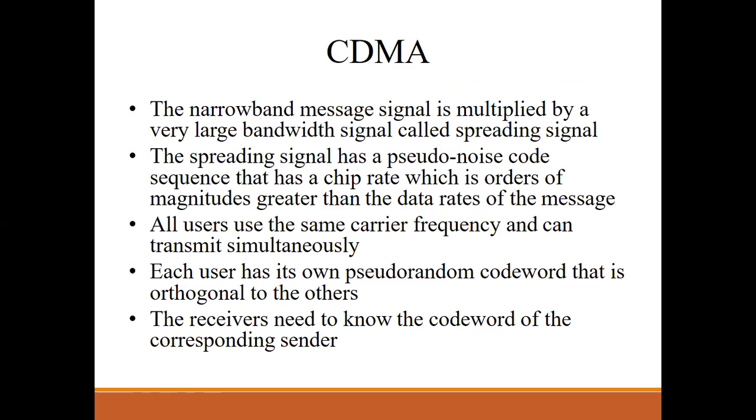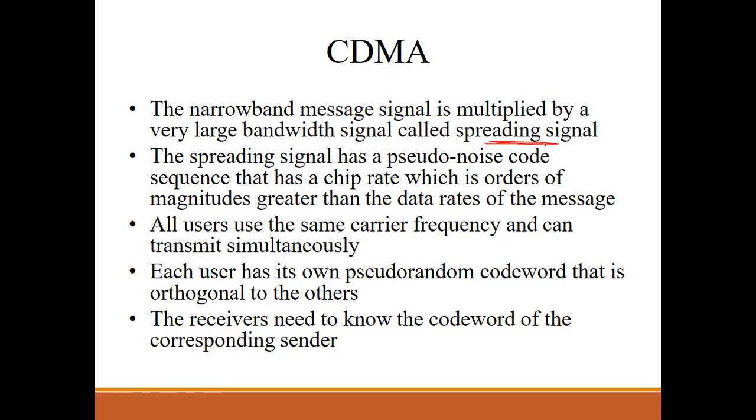Now the next topic is CDMA. CDMA is code division multiple access, and it is also known as the direct sequence multiple access system. In this case, the narrowband message signal is multiplied by a very large bandwidth signal called the spreading signal.